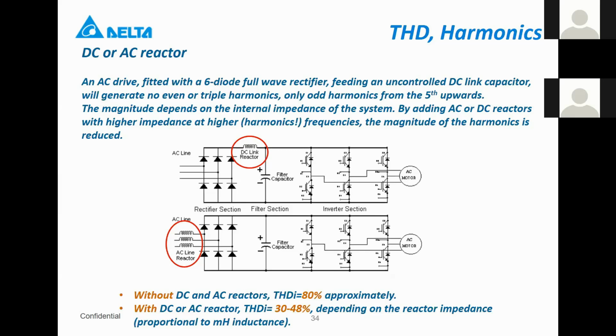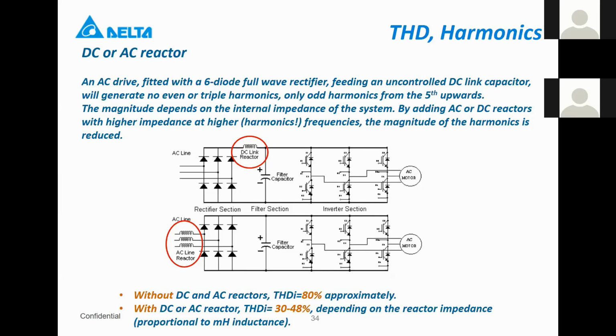With the 3%, we are at roughly 43% THDI. With the 4% reactor, you can go down to 38%. Of course, you can take a high impedance reactor inside the drive, but there is always an end to it. There will also be a voltage drop over the reactor. That means that the output voltage will also get lower if you go too high.